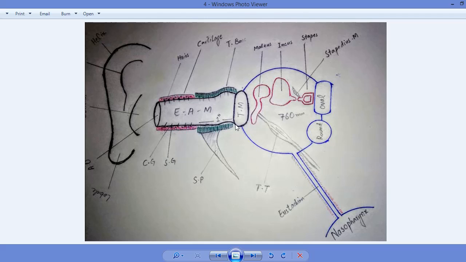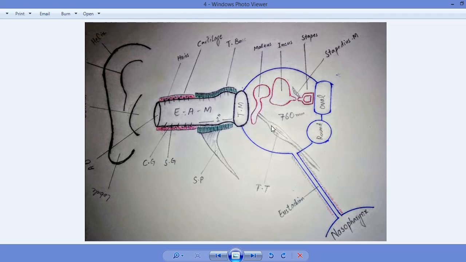It maintains the tympanic membrane in tense form, and when the tympanic membrane starts vibration by sound, what happens? This transfers the vibration to the malleus, and the malleus transfers the vibration to the incus, and then to the stirrup, and then to the oval window, and then to the fluid, the perilymph. After a few milliseconds, this tensor tympani contracts.